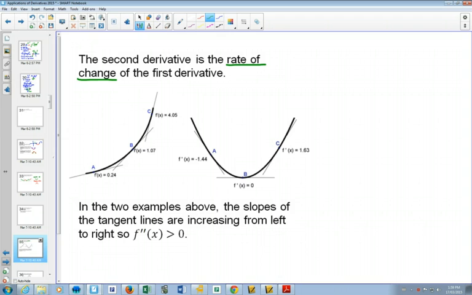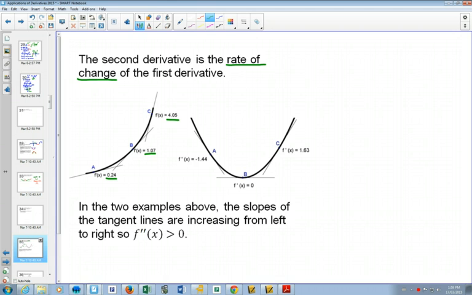So in this curve here, which is concave up, if we look at each of our derivatives, they go from 0.24 to 1.07 to 4.05. Okay? They're increasing.